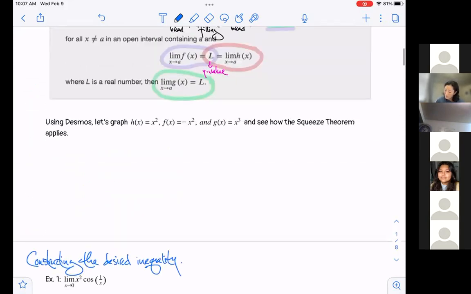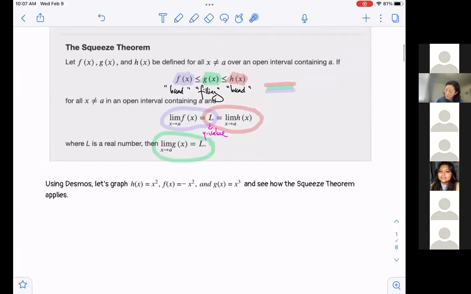And what I mean by that is we want to come up with a situation where we can find the bread to our filling. We want to find the bread for the filling that we're given. We want to find it cleverly so that we know the limit of the bread. And because the filling is always between the breads, we'll have our answer that way.